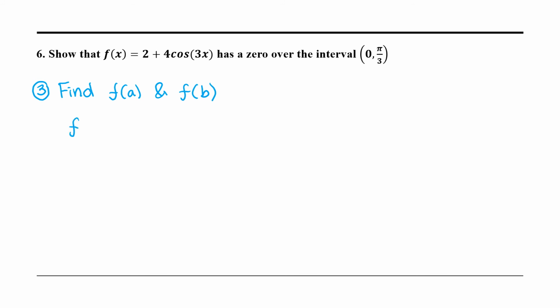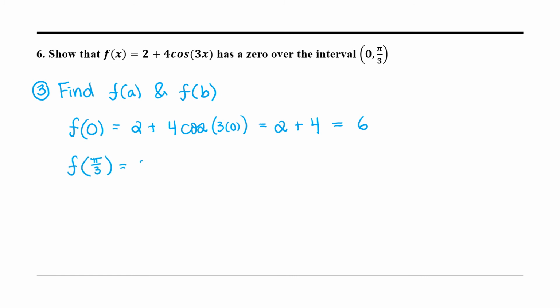So we need to find f of 0, so that's equal to 2 plus 4 cosine of 3 times 0. So that's 2 plus 4 cosine of 0, which is 4 times 1, which gives us 6. And we need to find f of pi over 3, which is equal to 2 plus 4 cosine of 3 times pi over 3.